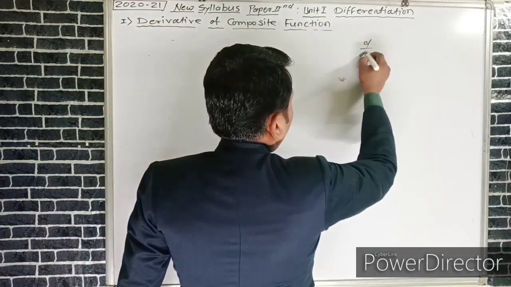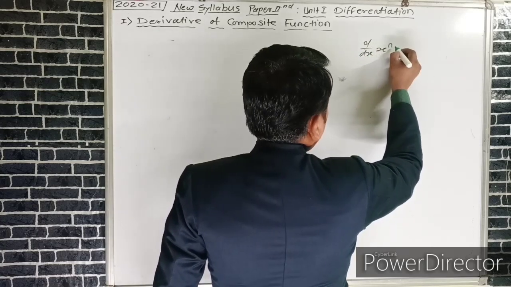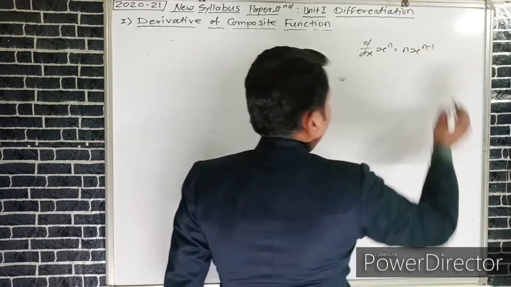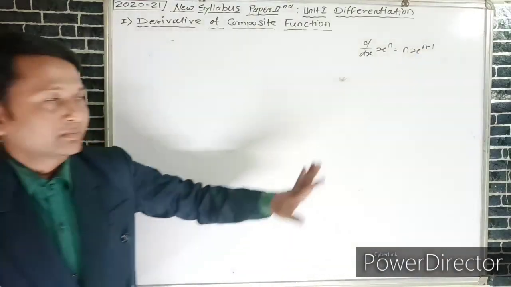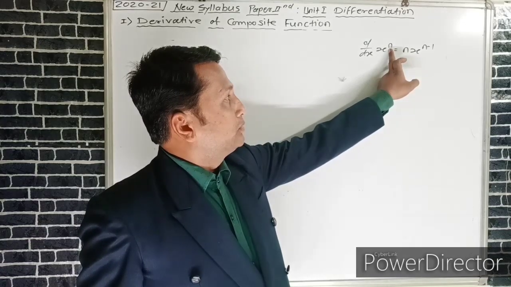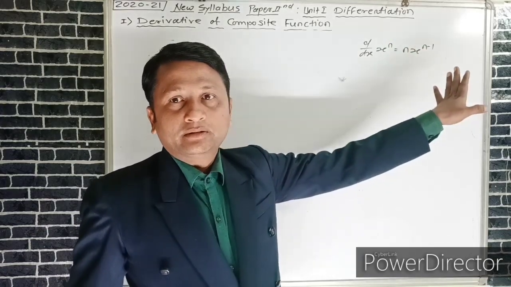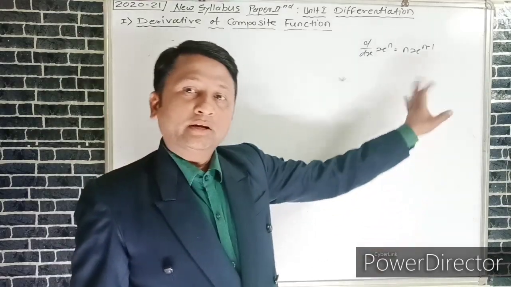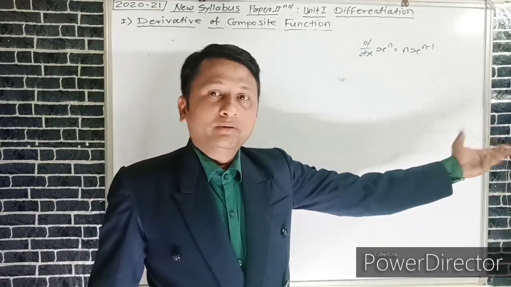If we know the derivative of x raised to the power n is equal to n into x raised to the power n minus 1, there are a lot of values of n, then again we can find the derivative of this function.